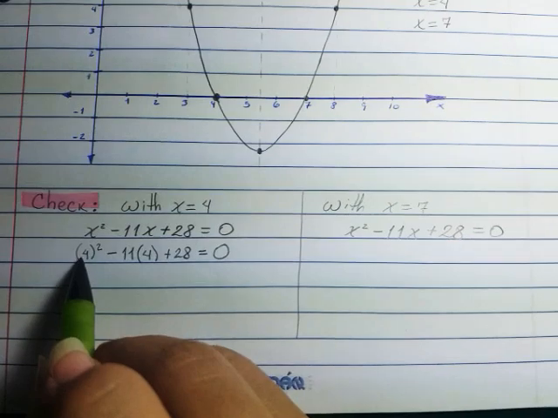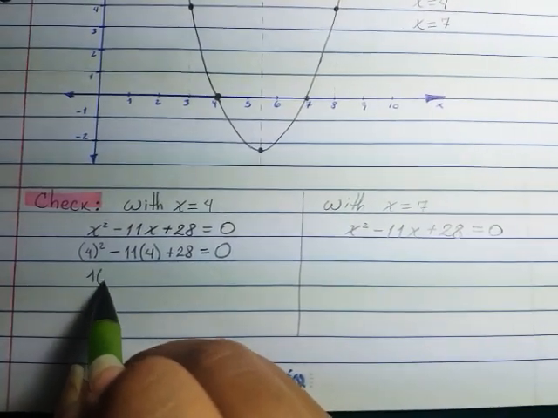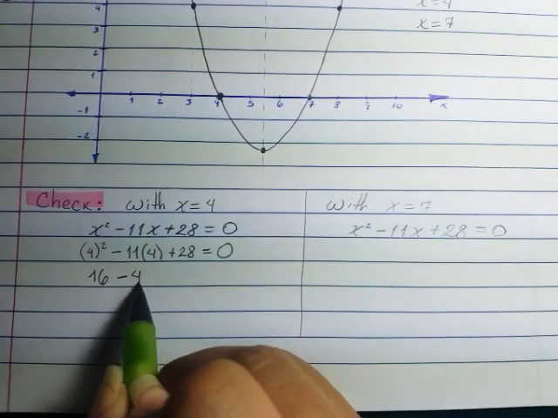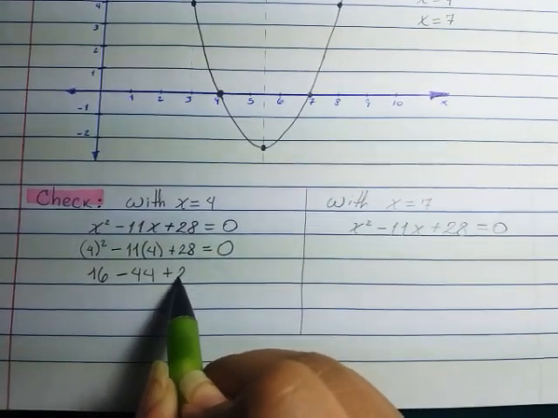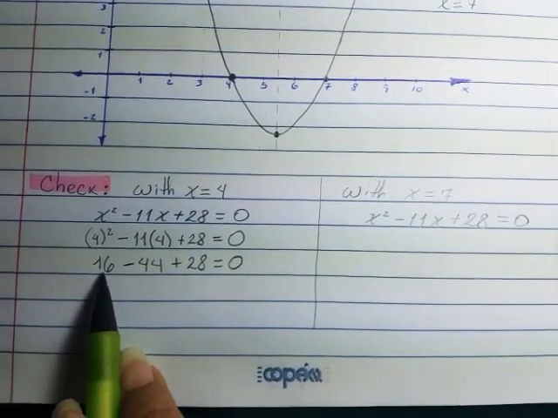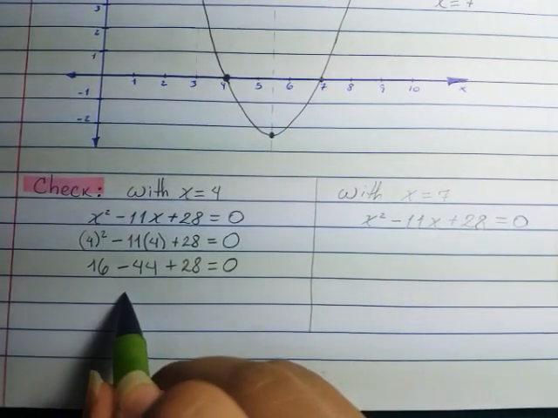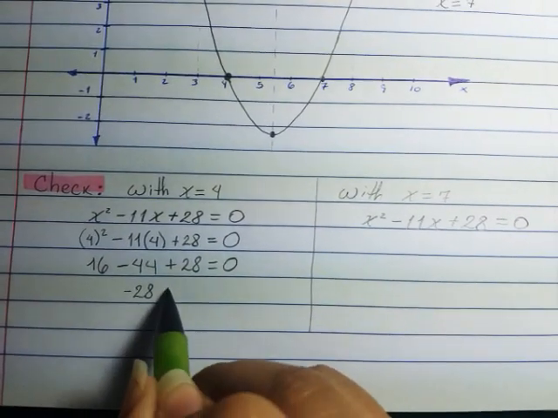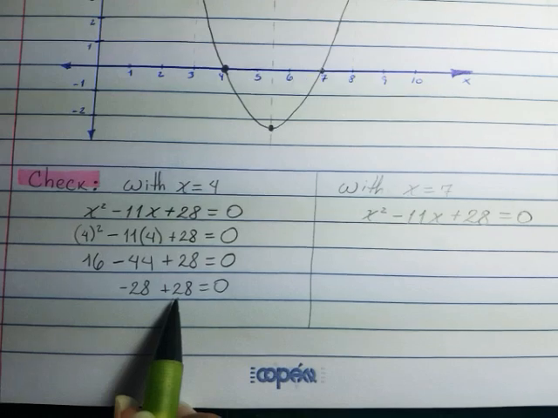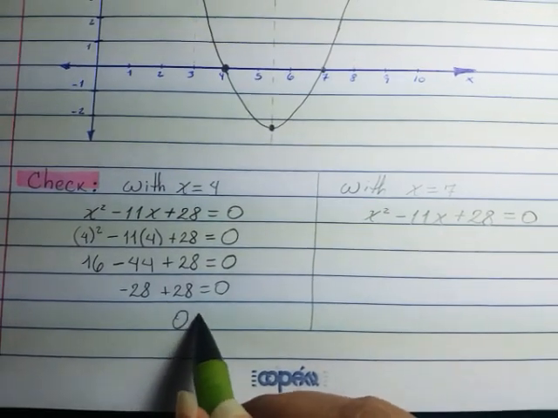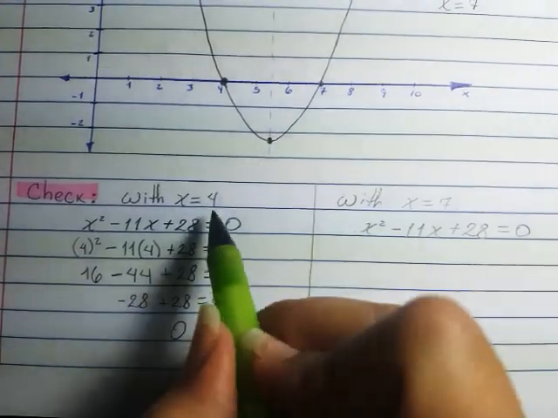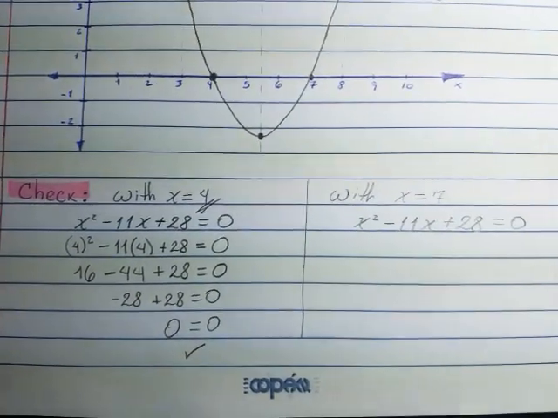So 4 to the second power is 16. Negative 11 times 4 is negative 44 plus 28 equals 0. 16 minus 44 is negative 28 plus 28 equals 0. Negative 28 plus 28 is 0, and that equals 0. Since my check is correct, then 4 is part of my solution.